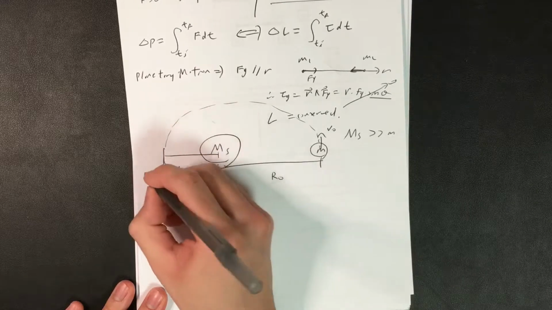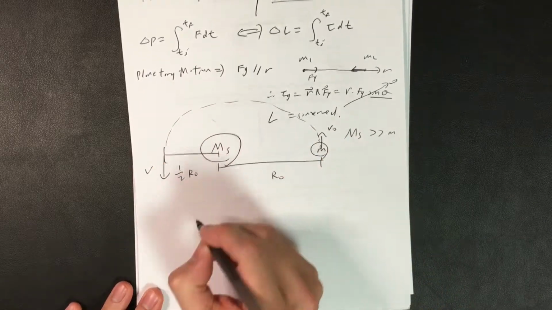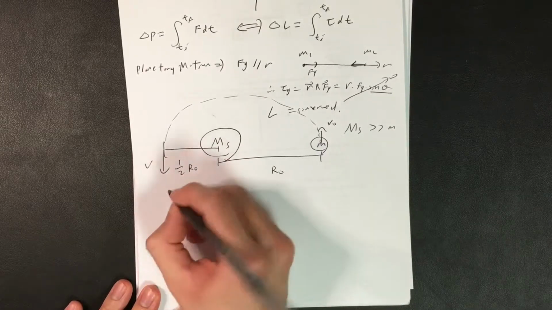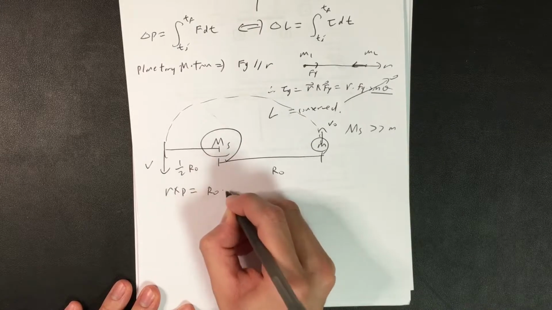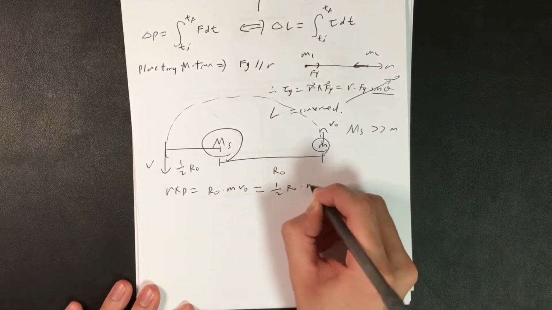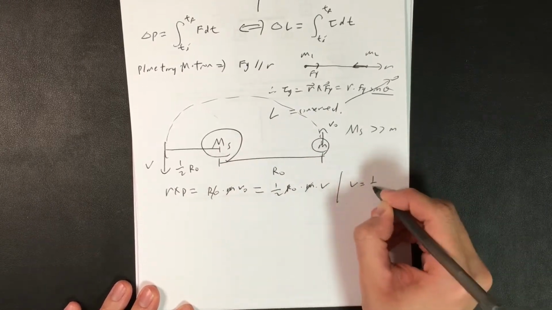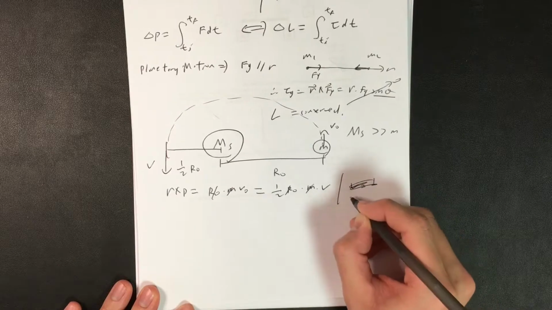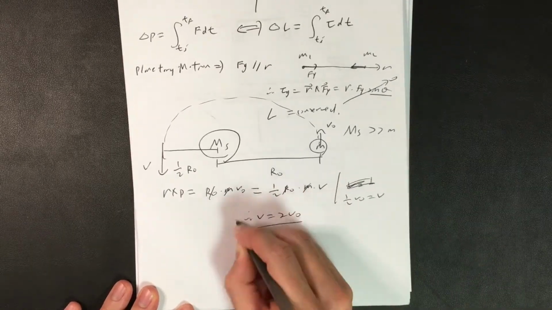Then if I want to calculate the velocity of the earth, since angular momentum is conserved, r cross p in this case equals r0 times m v0, which should equal 1/2 r0 times m times v. Therefore 1/2 v equals v0, therefore v equals 2 v0.